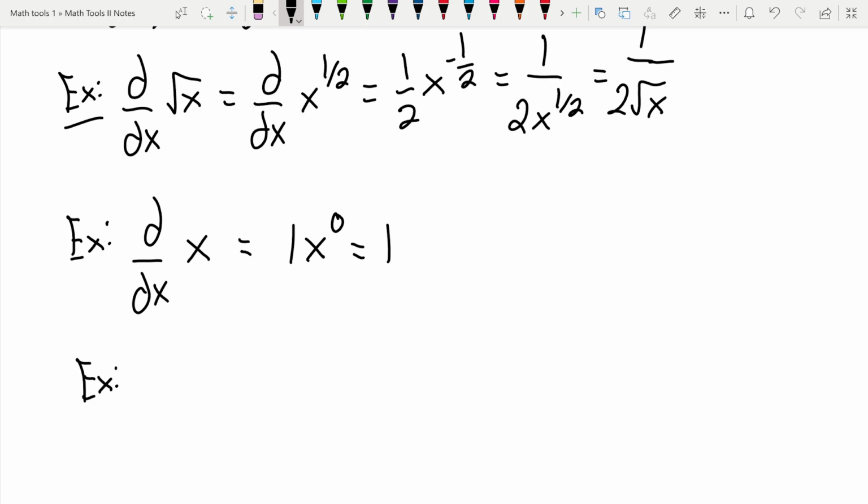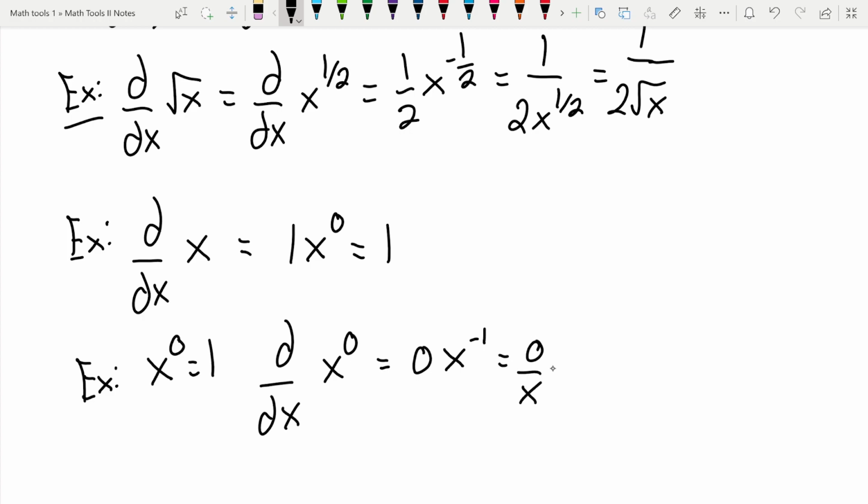Okay, what about x to the 0? First of all, what is x to the 0? x to the 0, we just said, is equal to 1. So we're really looking for the derivative of 1. So what is that? Well, we can do the derivative of x to the 0. So this is equal to 0 x to the negative 1, which is 0 over x, which is 0, right?